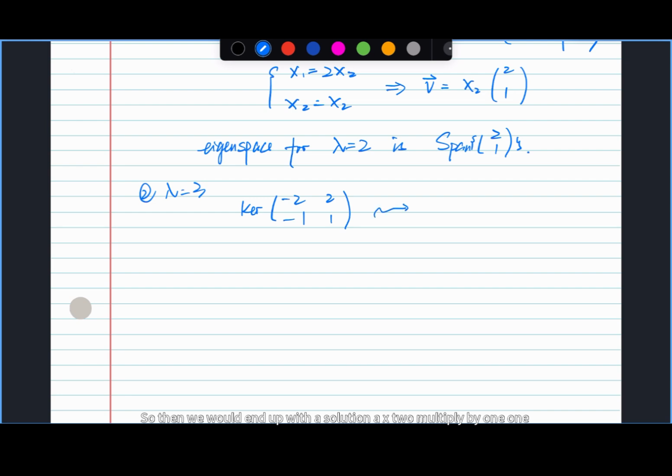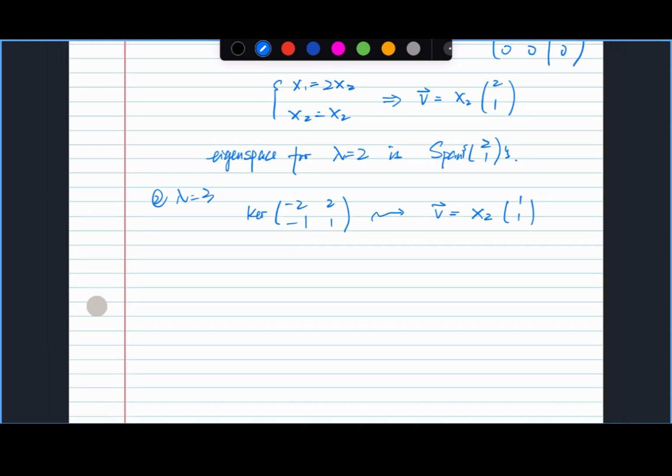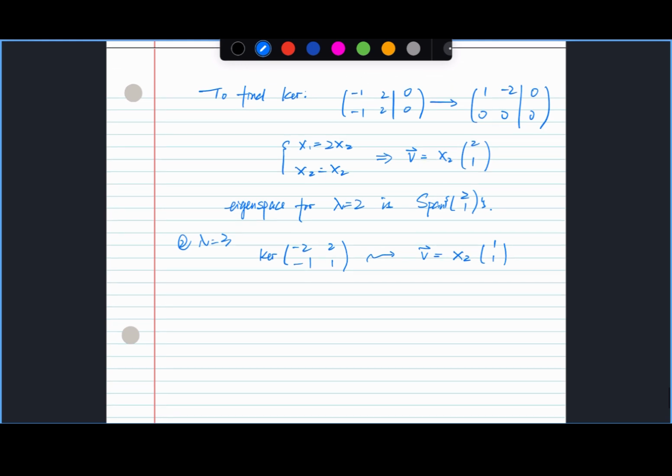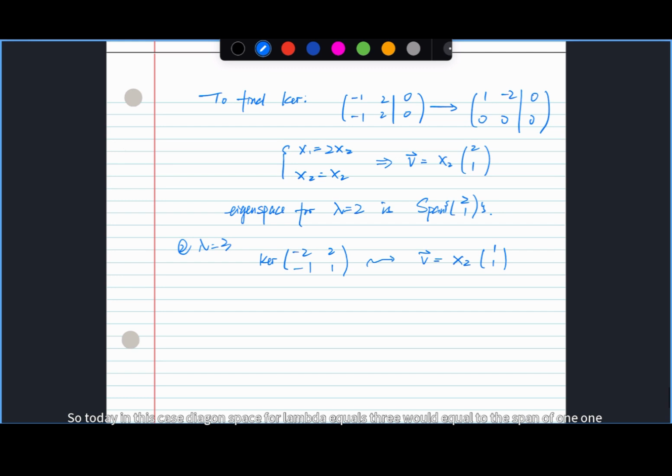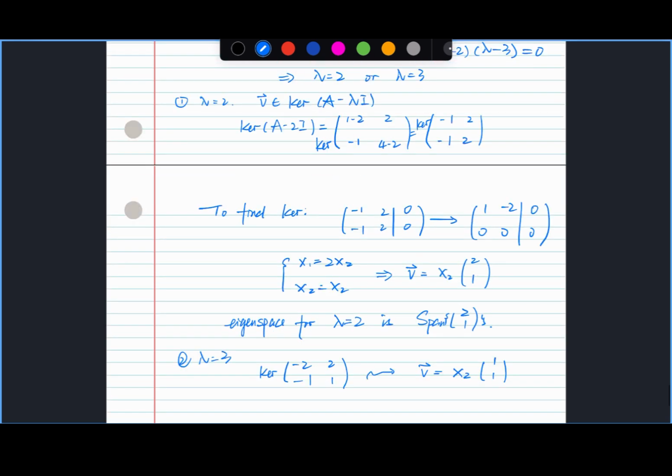Then we would end up with the solution x2 multiplied by (1, 1). So in this case, the eigenspace for lambda equals 3 would equal the span of (1, 1). Okay.